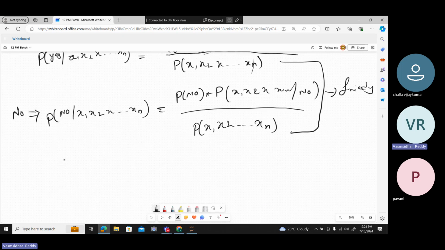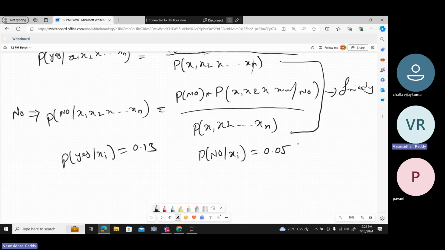So if you apply the values here, for example for binary classification, P of yes given Xi equals 0.13. Just imagine I got 0.13. Same like that, P of no given Xi equals 0.05. This is the output if you apply the algorithm with values.